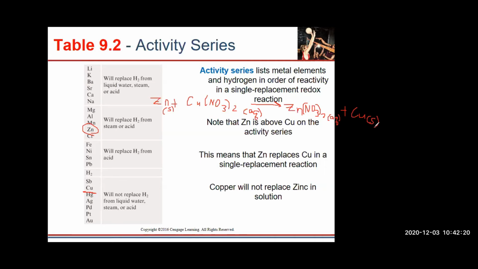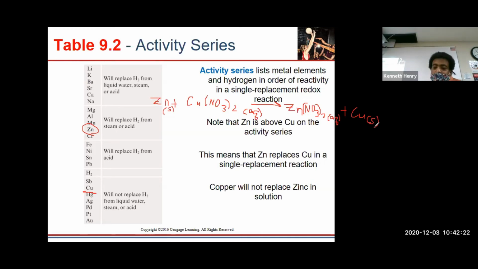Okay, good. So let's say we switched it around. We're going to mess things up a little bit here. I'm not really going to erase, I'm just going to shuffle.